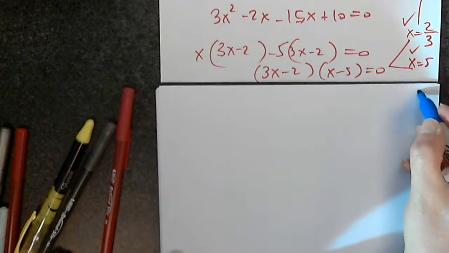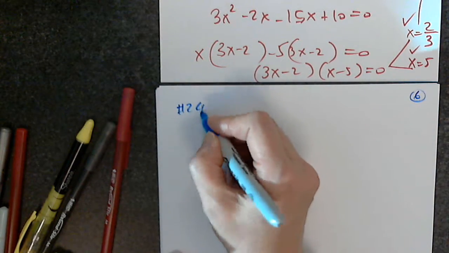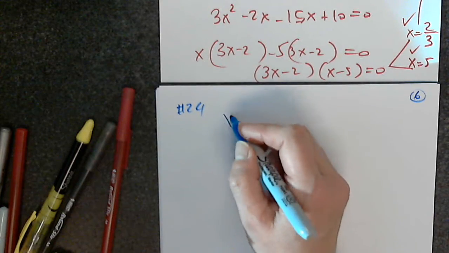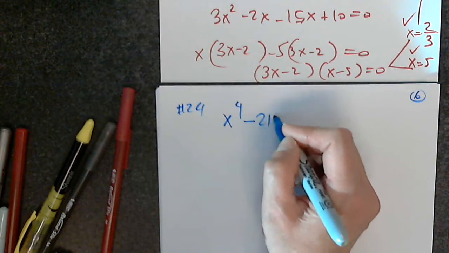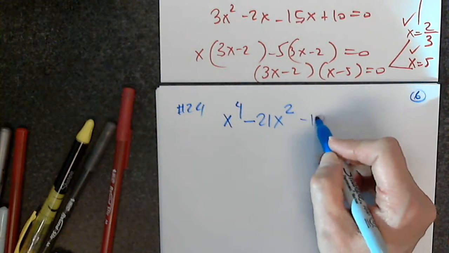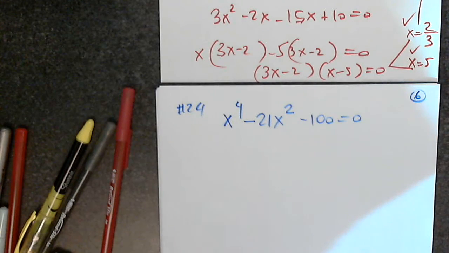Same page. In 24, we have x to the 4th minus 21x squared minus 100 equals 0. How many solutions will this equation have? 4. The degree is 4. 4 solutions.